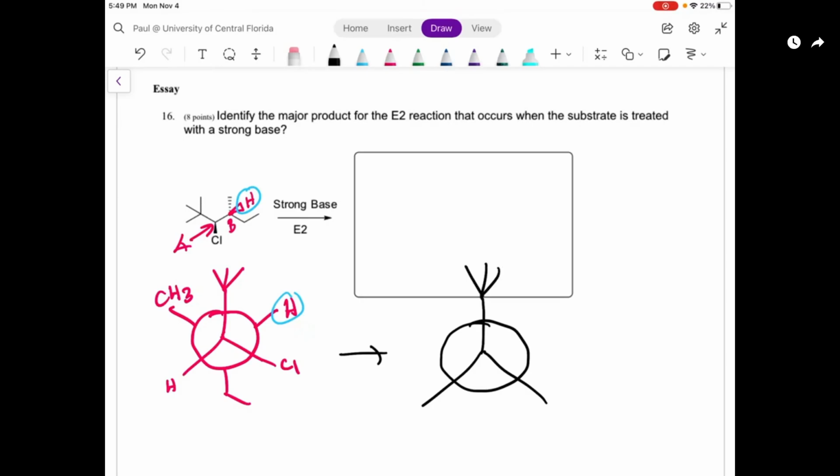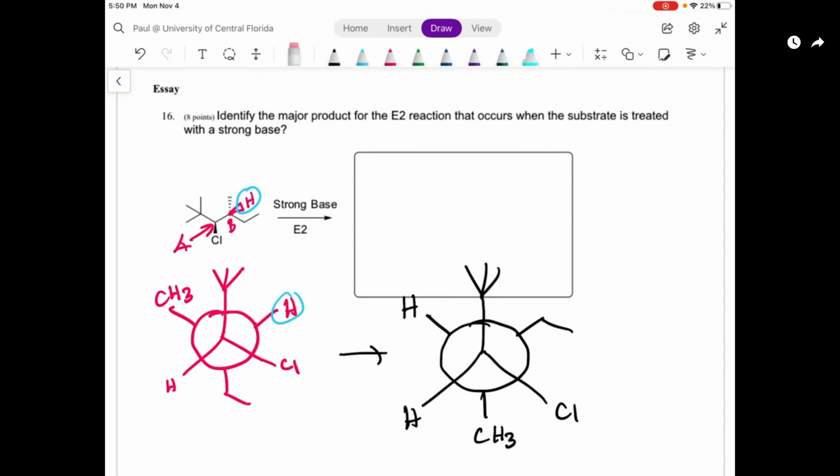So that's going to stay the same. And then I'm going to make sure the hydrogen gets moved there. So where does that move all the other groups? It would move it like this. Okay. Now notice that this hydrogen and the leaving group are antiperiplanar. So we can do the reaction with relative ease.